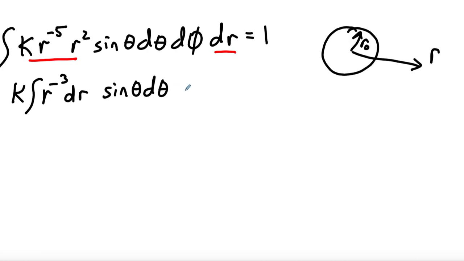And we've got a d phi. So this is actually going to be a triple integral. We have three variables that are all changing, so we have to separate out the terms. We've got our r terms over here, our theta term here, and our phi term here.